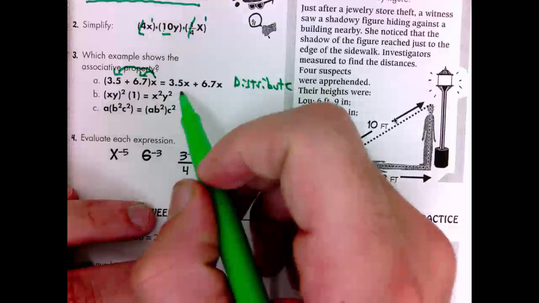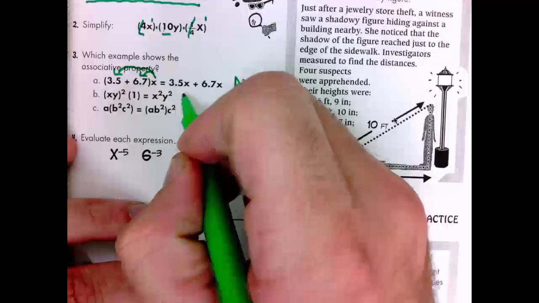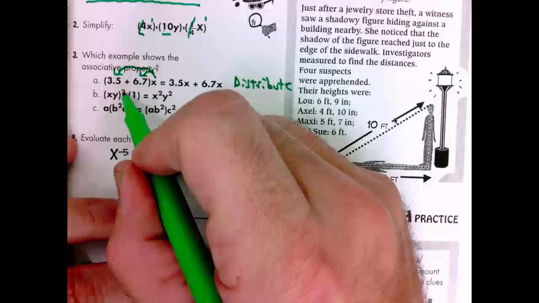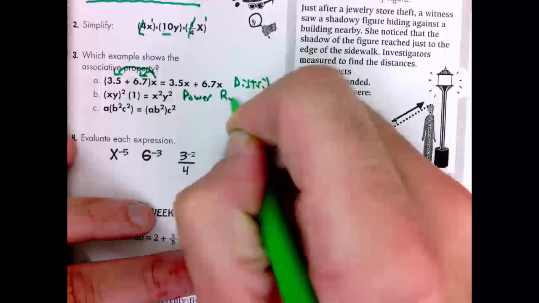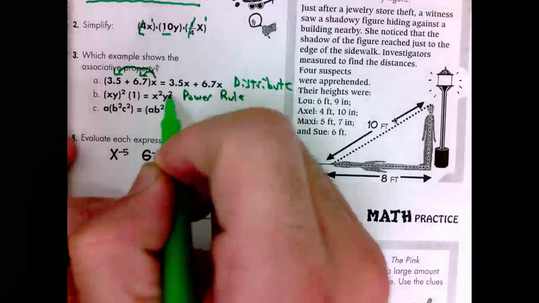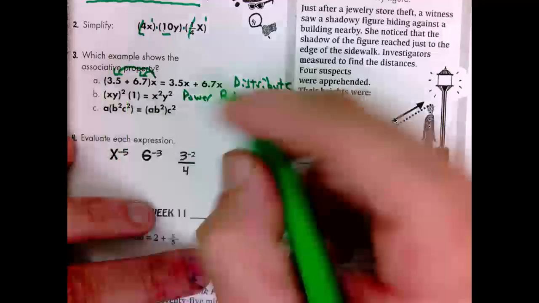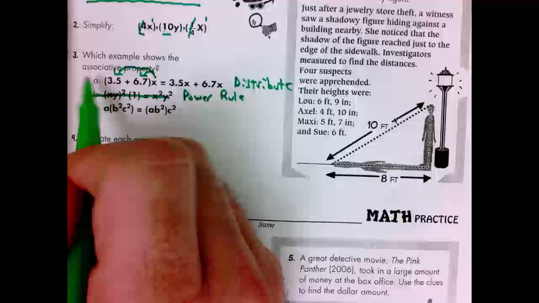This is a combination of two things. This is the power rule for exponents. We've taken these two terms squared, that left us with an x squared, y squared, and it's the identity. So it's definitely not B here. Okay, it's not A either.